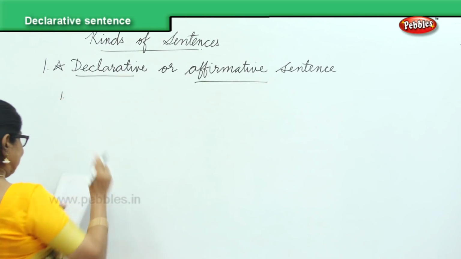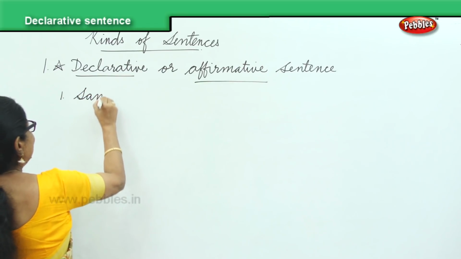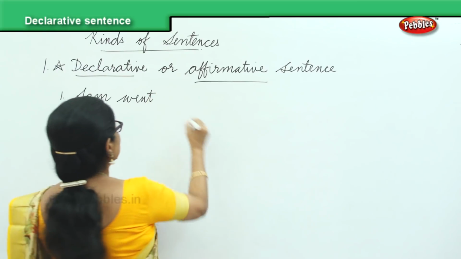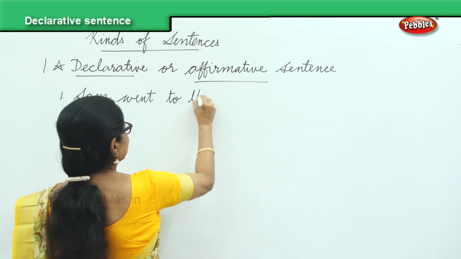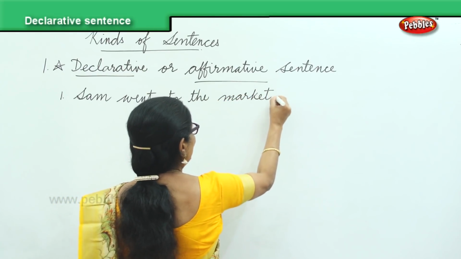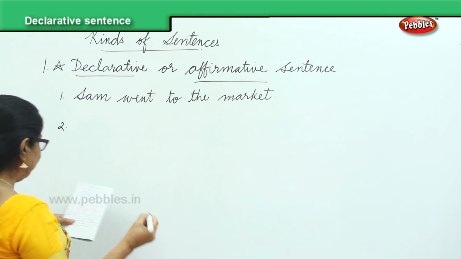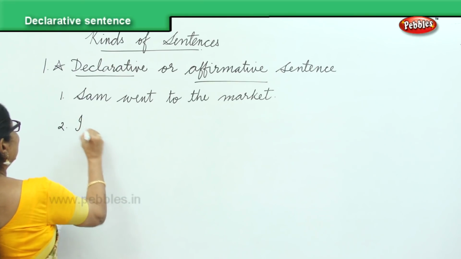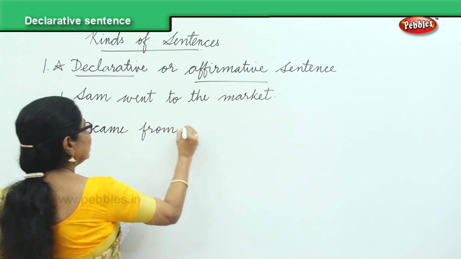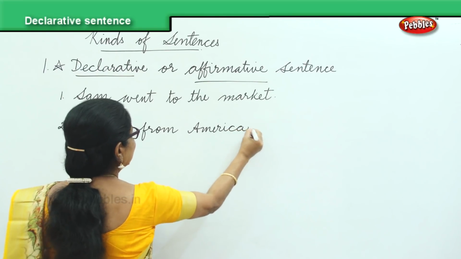So the first one is, Sam went to the market. Another one, I came from America.